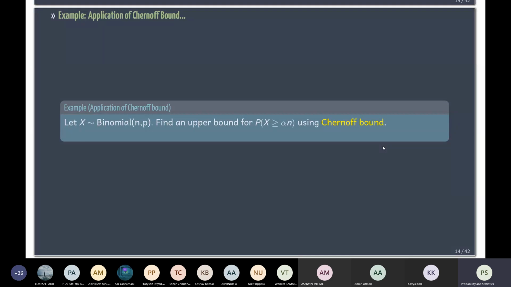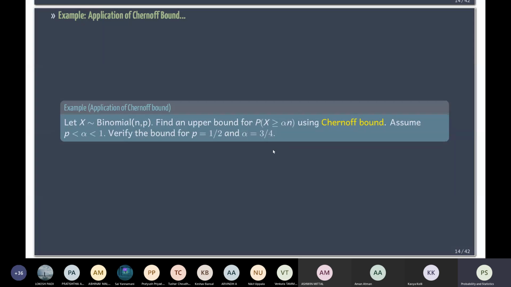Now the question is, assuming the same example that we had before, what would be the value for the Chernoff bound? Everything is the same. The Chernoff bound requires the moment generating function.